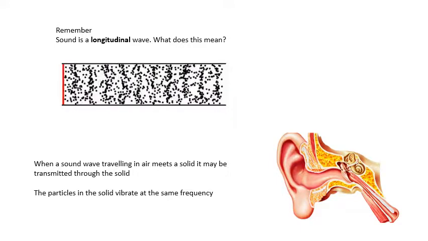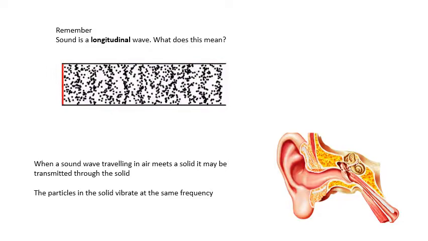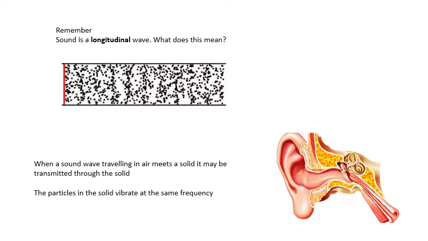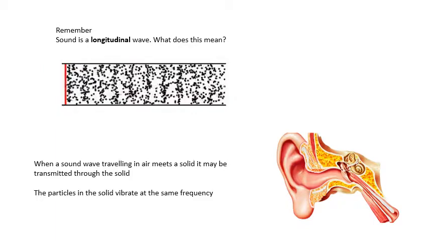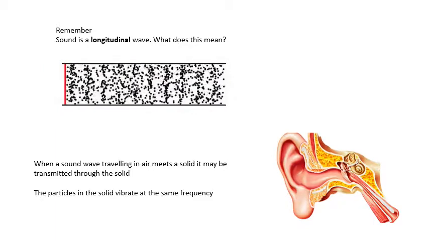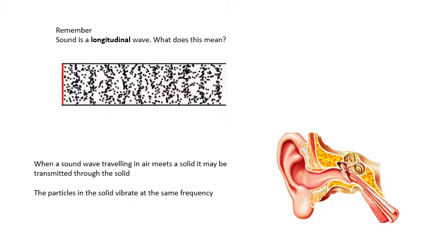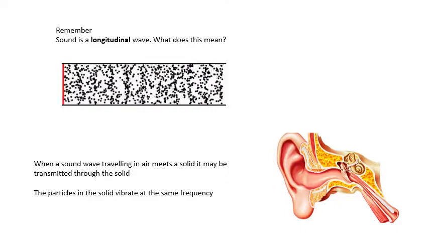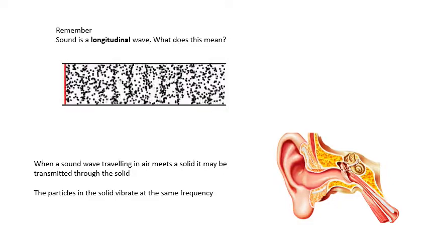Now, this is a picture of somebody's ear, and basically what happens is the sound comes through the pinna, which is the outer ear, and then you've got the eardrum, which is this membrane, and that vibrates. So this is an example of sound waves traveling through the air, and they meet something solid, and then the sound wave travels through the solid, and the particles in the solid will vibrate at the same frequency.